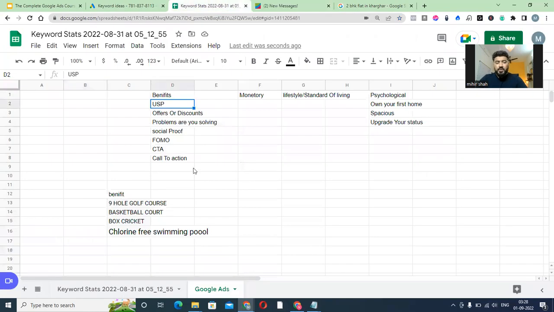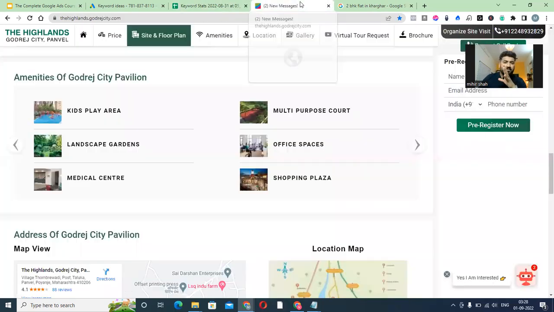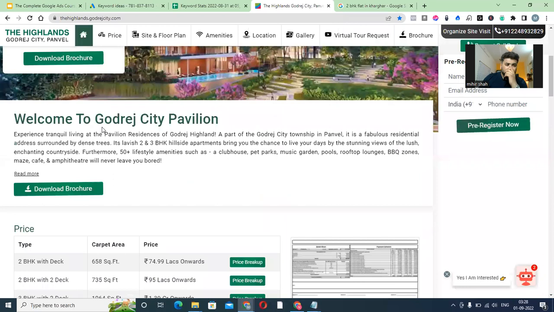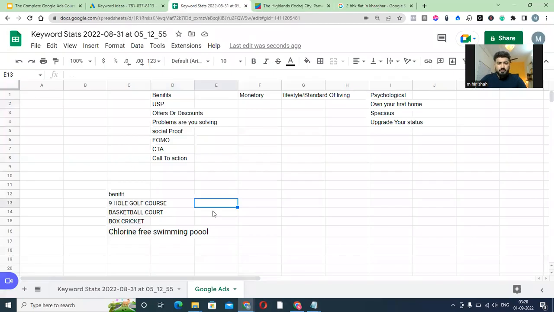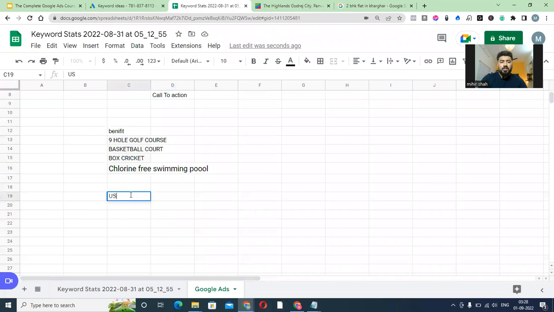All right. Awesome. Now the next thing is USPs. A USP, like I said, is something very unique about your product and service, which not all, but only a few might have. While browsing here, I saw these things: flexi plan, 10, 20, 30, 40. So this is a USP.